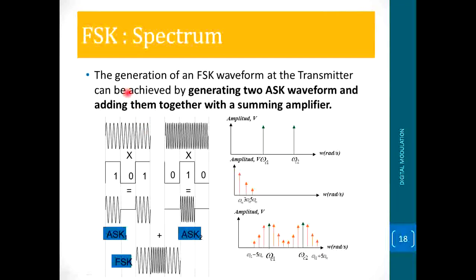Okay, as I explained before, the FSK waveform is generated by two ASK waveforms because we have two frequencies, F1 and F2. This is the time domain, and this is the frequency domain spectrum.